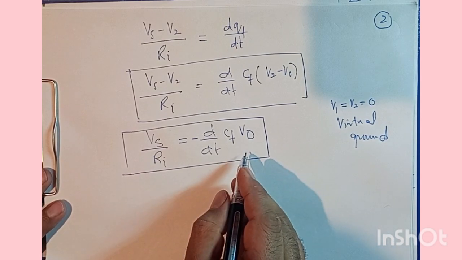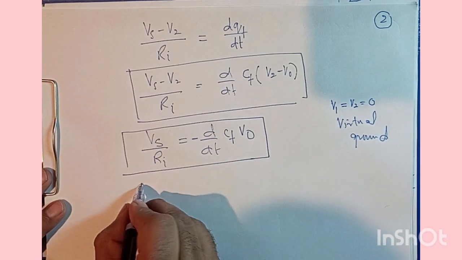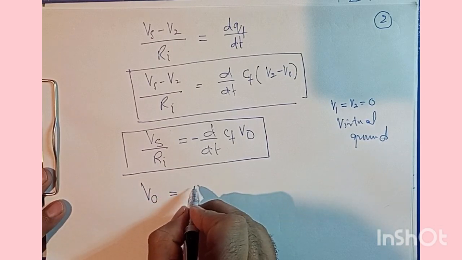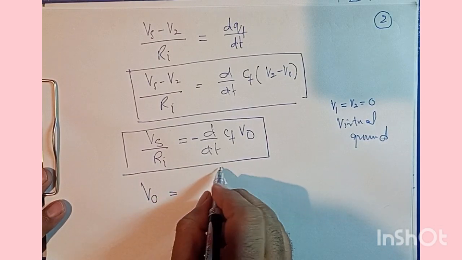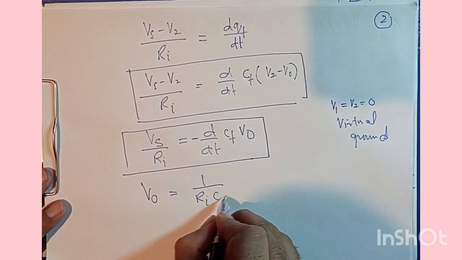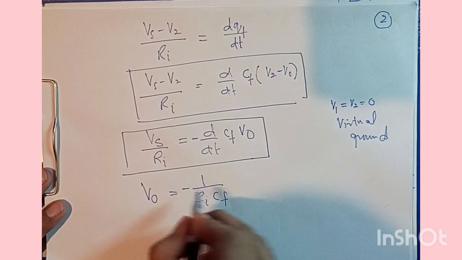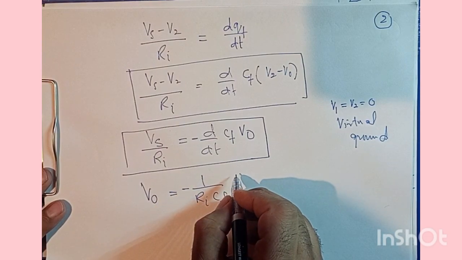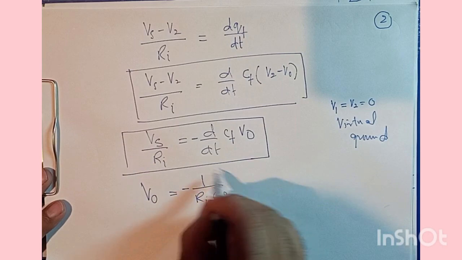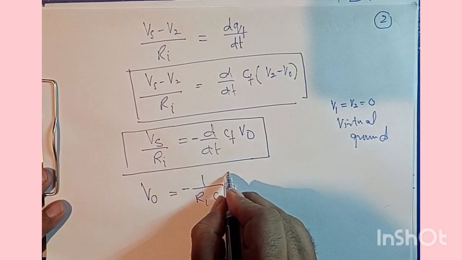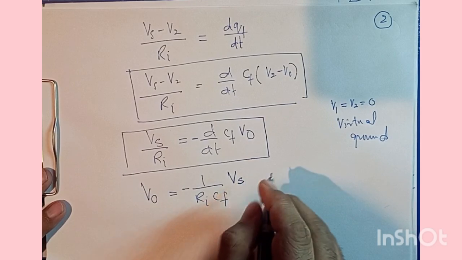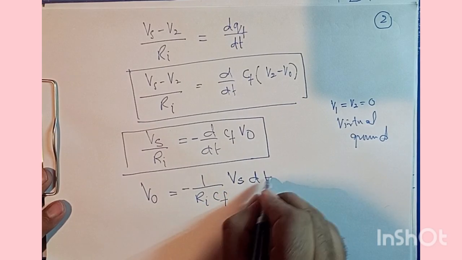Now I can think of the output that we will receive. It will be dV out equals negative 1 upon Ri Cf times Vs dt.